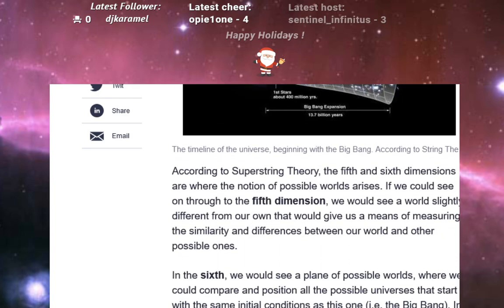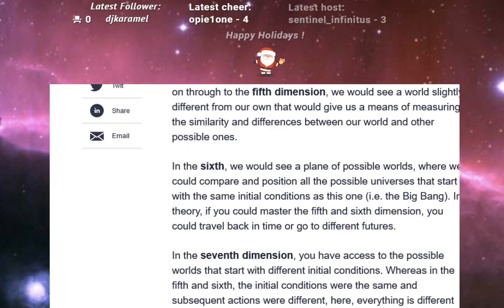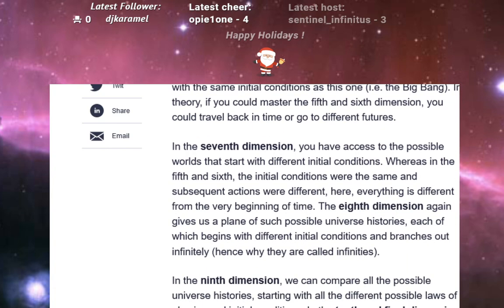And this is where things get tricky. According to superstring theory, the fifth and sixth dimensions are where the notion of possible worlds arises. If we could see on through the fifth dimension, we would see a world slightly different from our own. In theory, if you could master the fifth and sixth dimension, you could travel back in time or go to different futures.